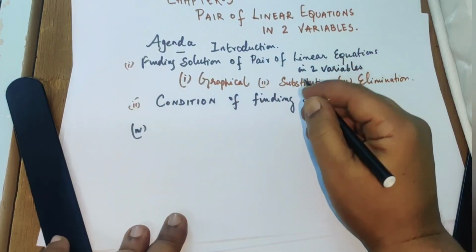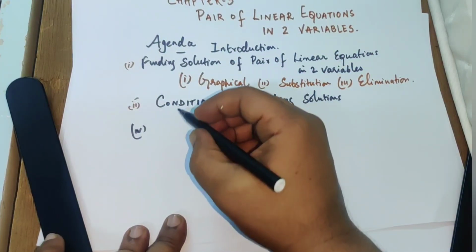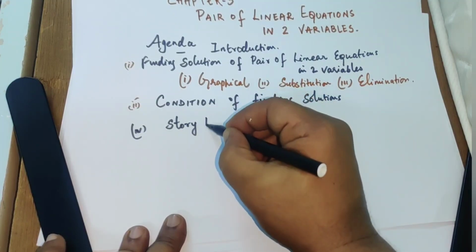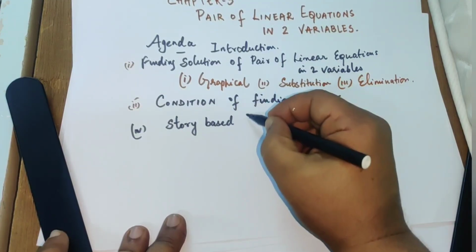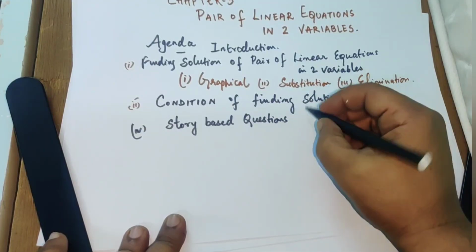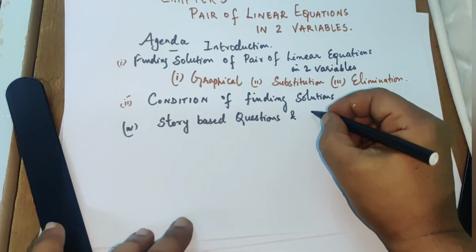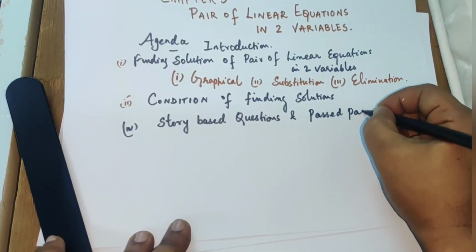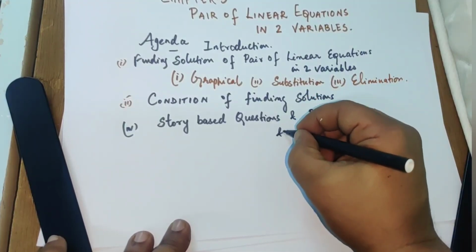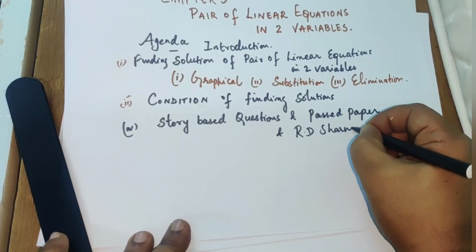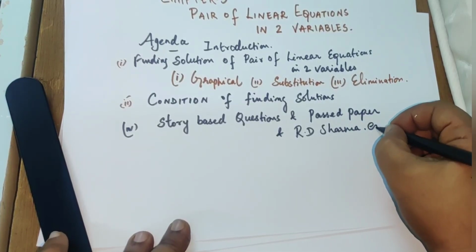Fourth point, story based questions. And past papers. And R.D. Sharma exemplars.